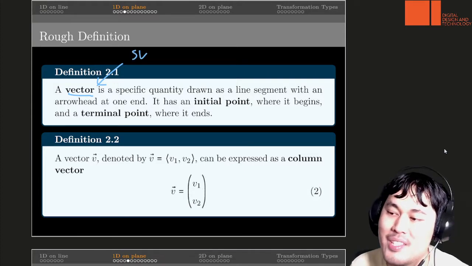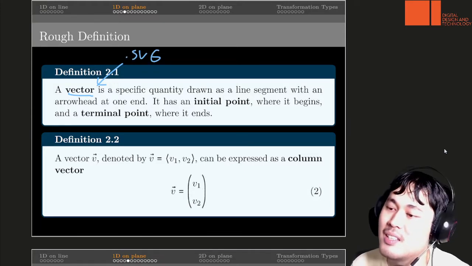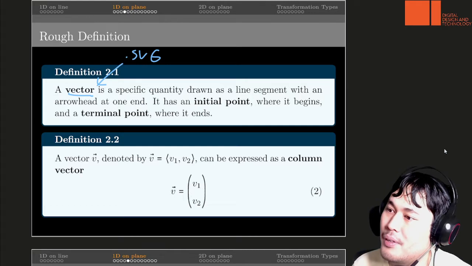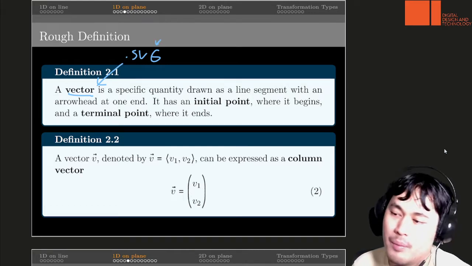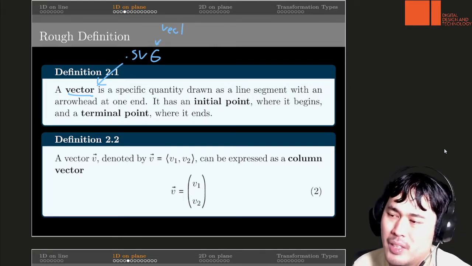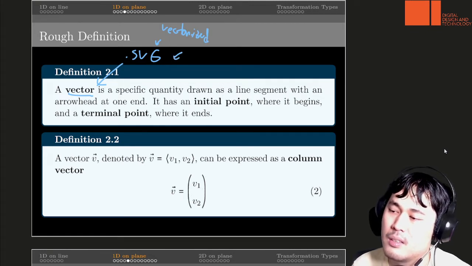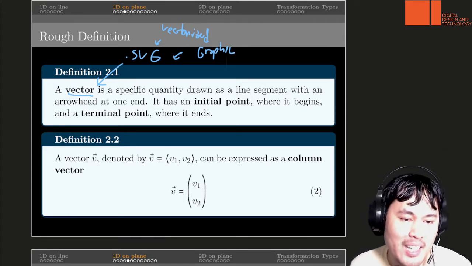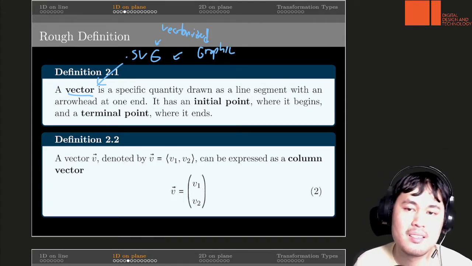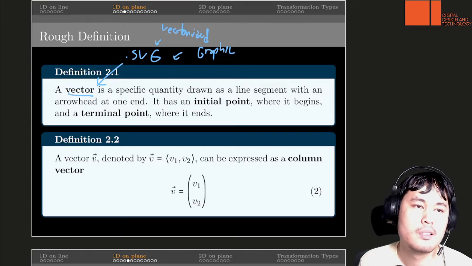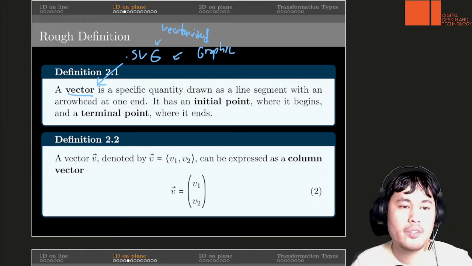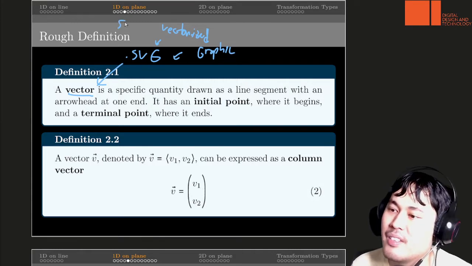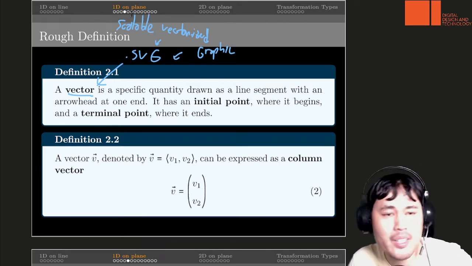There's an SVG format, .svg, which stands for, I forgot what S is, but V is vectorized and G is graphic. Actually, now that I'm at it, let me Google it. Yes, scalable vectorized graphic.